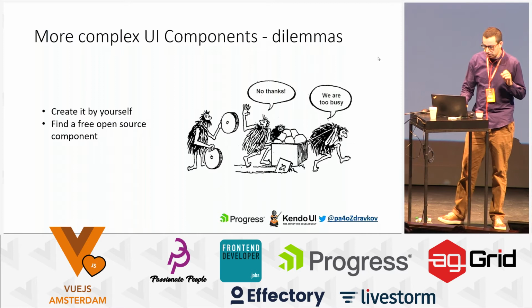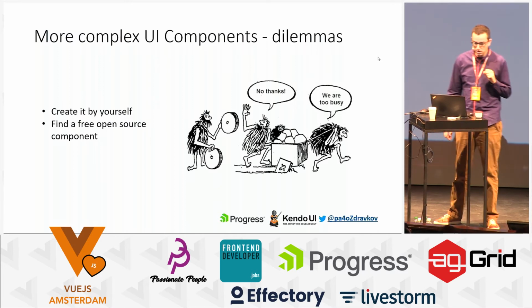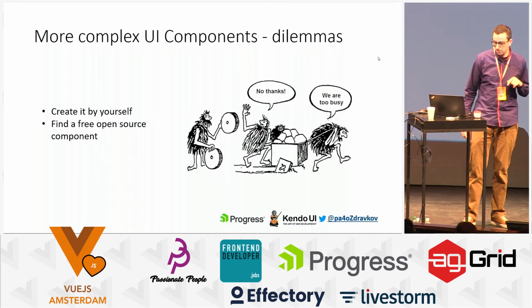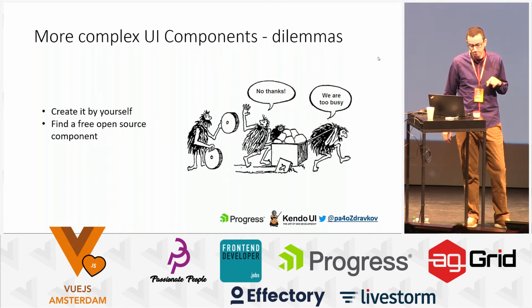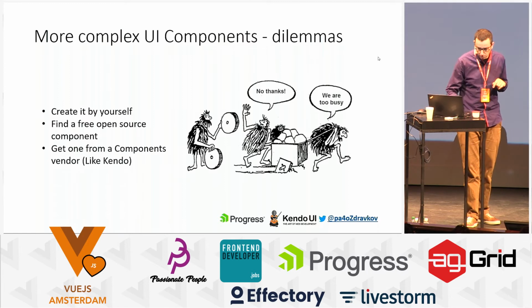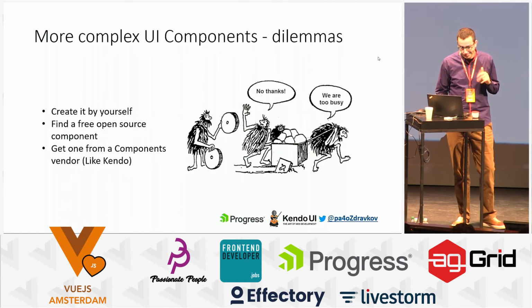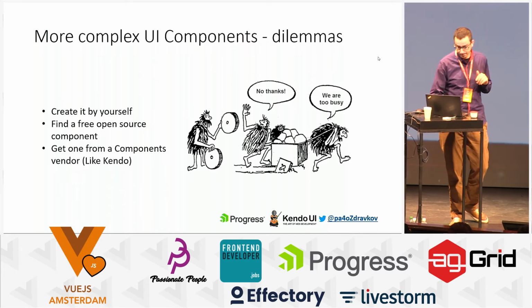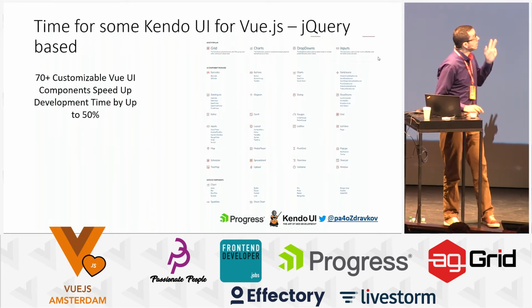One little thing that concerns me here is that usually such side projects may be left aside and stay without support for a long time. Last but not least is the chance to get a component from a vendor, like Kendo UI, for example.